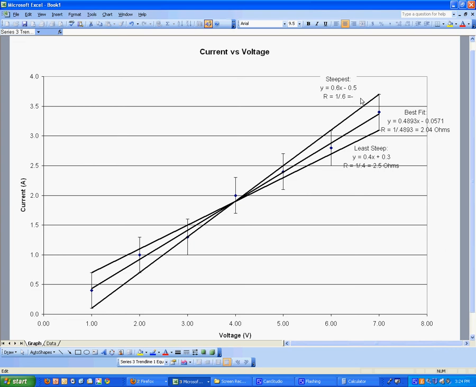Okay, equals 1.67 ohms. I guess we should, to be fair, make that 2.50 ohms, right? Okay, so now we've got the least steep there, right? Now we've got the best. We think it's about 2 points. It's probably going to be like 2.0, right? Is as high as 2.5, as low as 1.67.